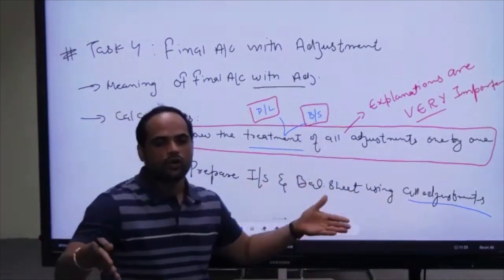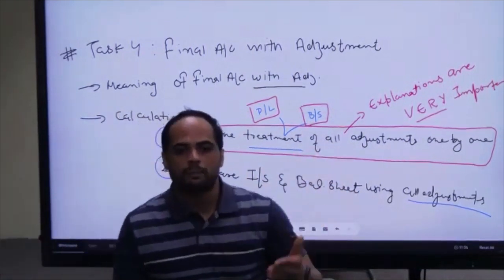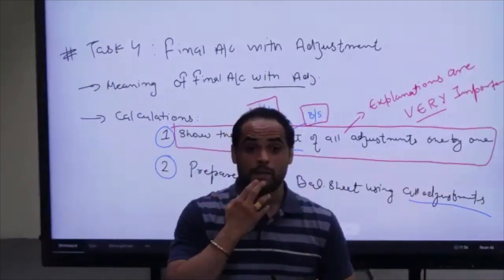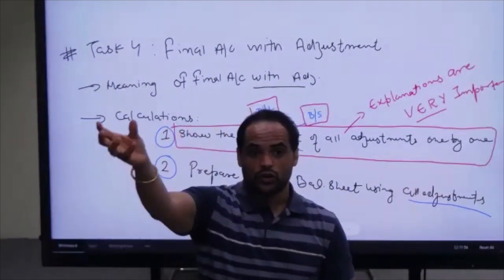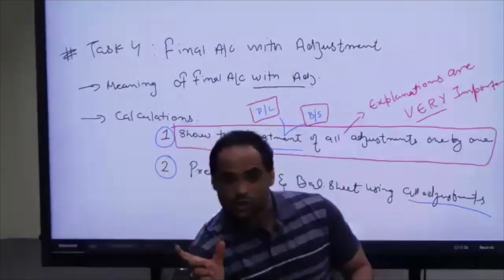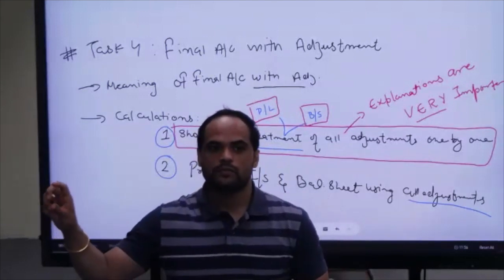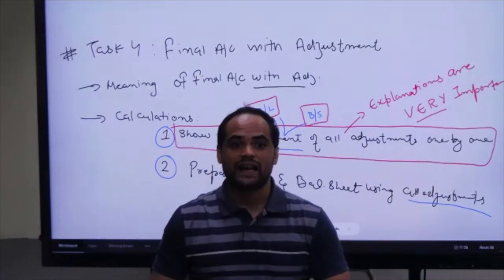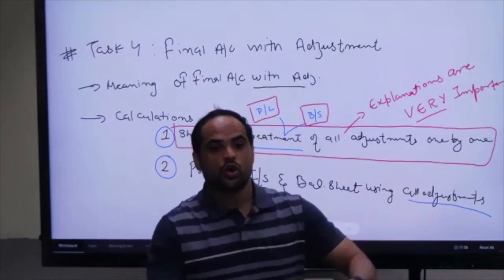The closing balance will appear in the income statement, where in the income statement we have cost of goods sold. In cost of goods sold, opening stock plus inventory less closing stock, how much? That's why I said you have to explain. You cannot simply say closing stock, profit and loss.